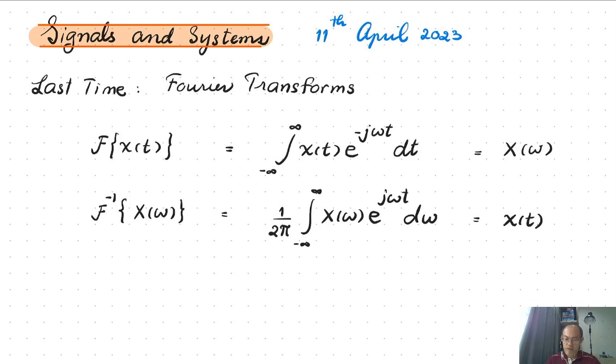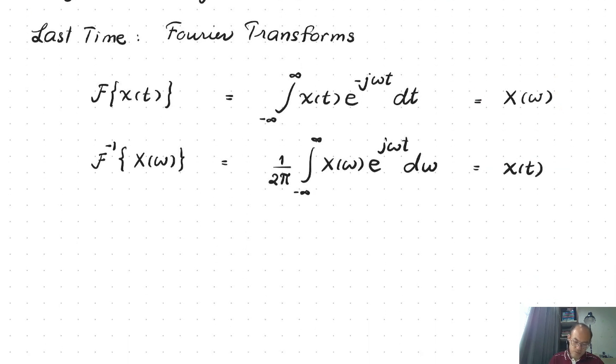Now it turns out that these two functions are unique, meaning that knowing one can uniquely determine the other. So they form a Fourier transform pair. So x of t and X of omega form a Fourier transform pair.